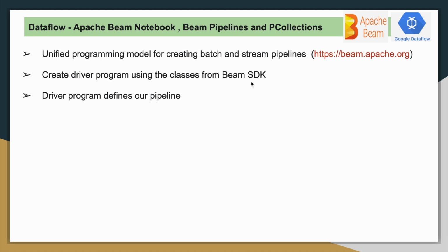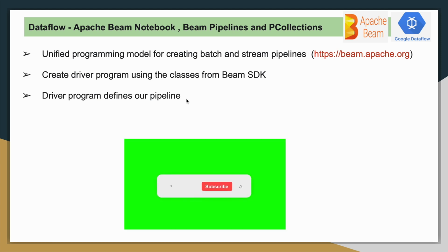The Apache Beam SDK is available in different programming languages like Python, Java, Go, and there are other languages like SQL also. The driver program defines our pipelines using classes provided by the Apache Beam SDK.